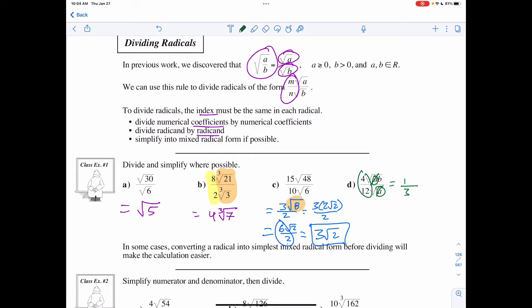Root A divided by root A is just 1, and the square root of 1 is just going to be 1. So 3 times 1 over 1 and root B, which I can just call root B over 3.